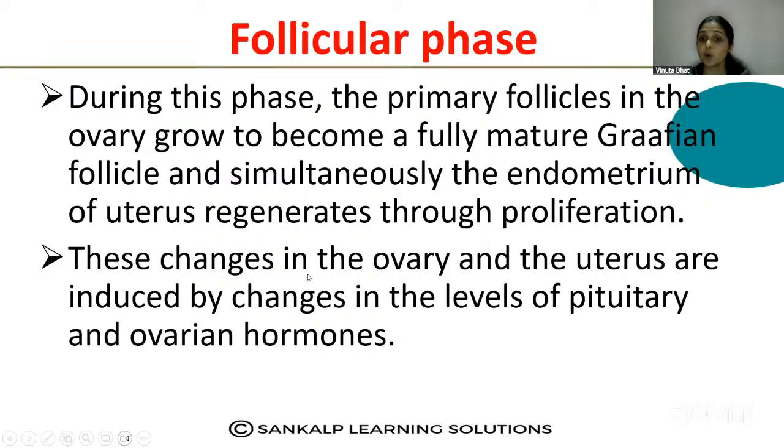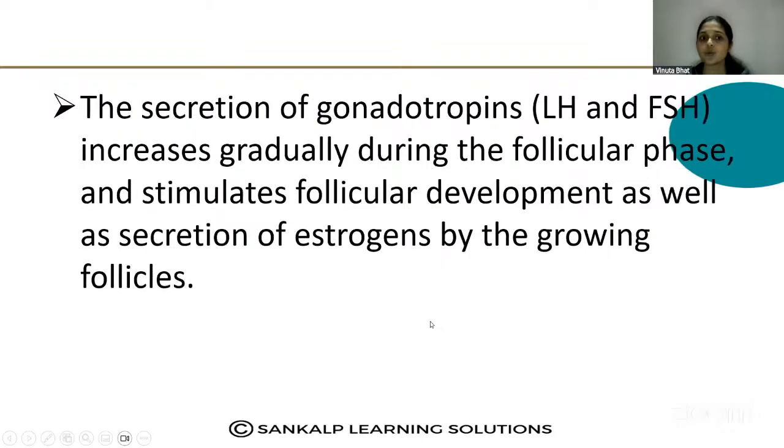These changes in the ovary and uterus are induced by the levels of pituitary and ovarian hormones. So the secretion of LH and FSH increases gradually due to the changes in the ovary and the uterus.